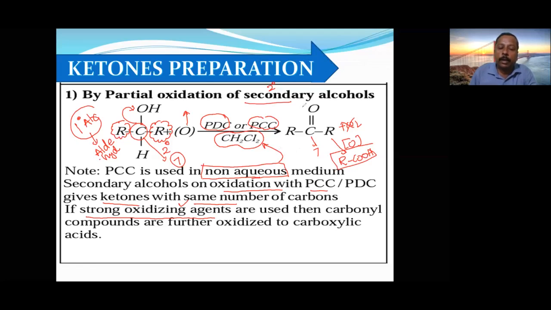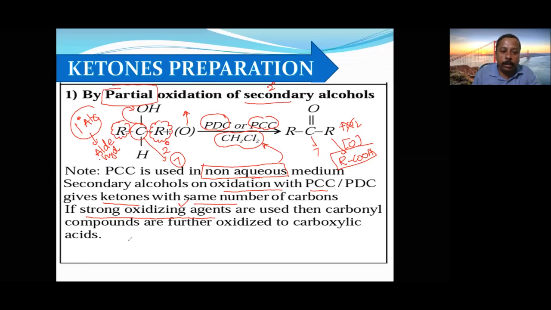We require ketone, so use a mild oxidizing agent. If you require carboxylic acid, then we use strong oxidizing agents like KMnO4, K2Cr2O7. Here we are not doing the complete oxidation. That's why it is called partial oxidation. That means we are stopping.